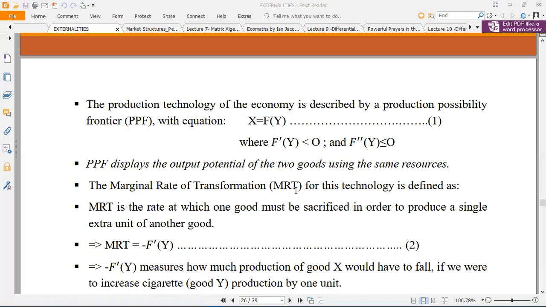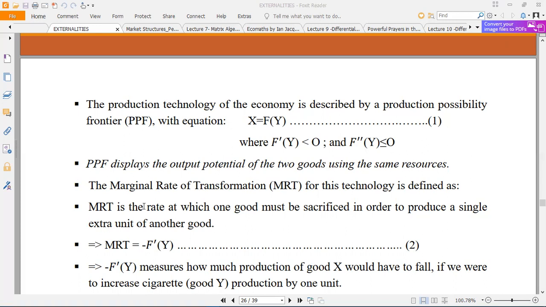So here we can take the marginal rate of transformation as the quantity of food that has to be sacrificed in order to produce an additional unit of cigarette, or we can say it is the quantity of food that we have to sacrifice in order to reduce the production of cigarettes by 1 unit.